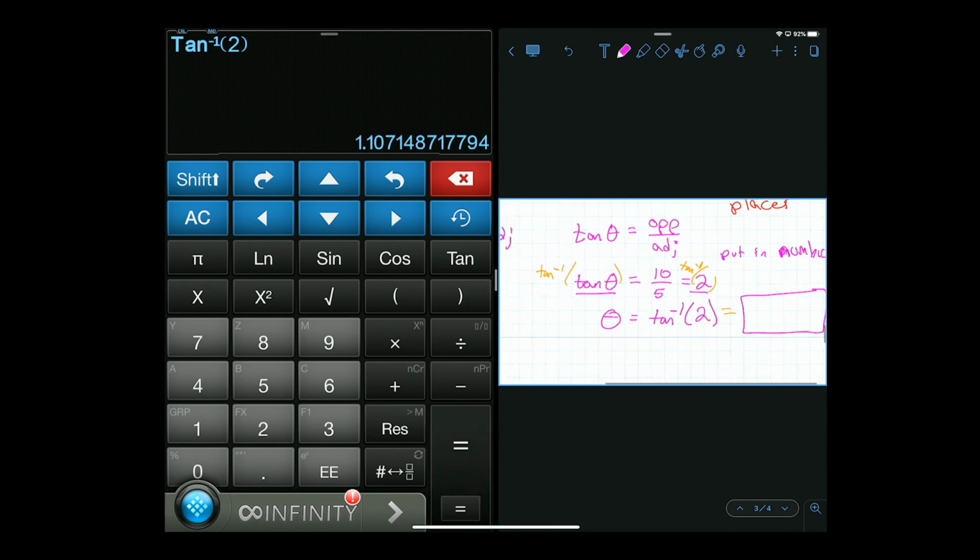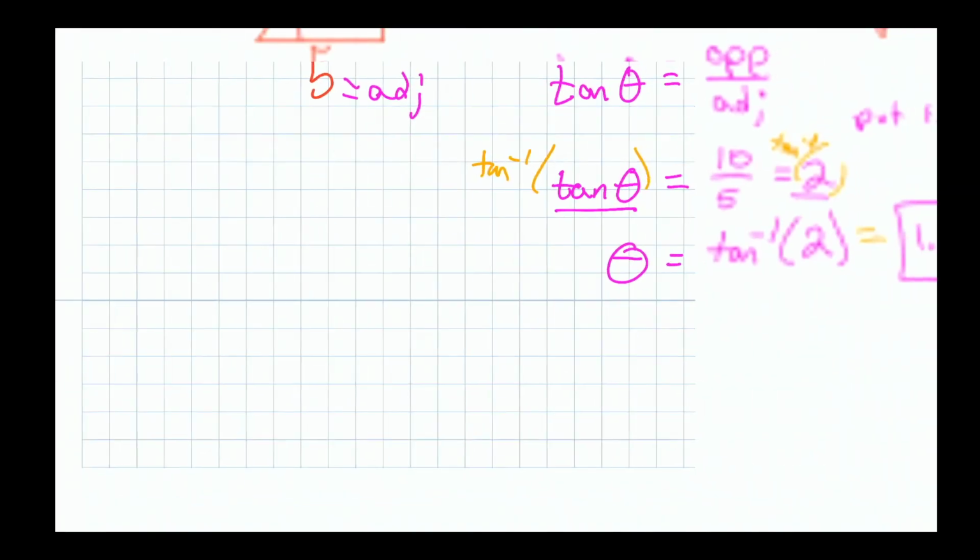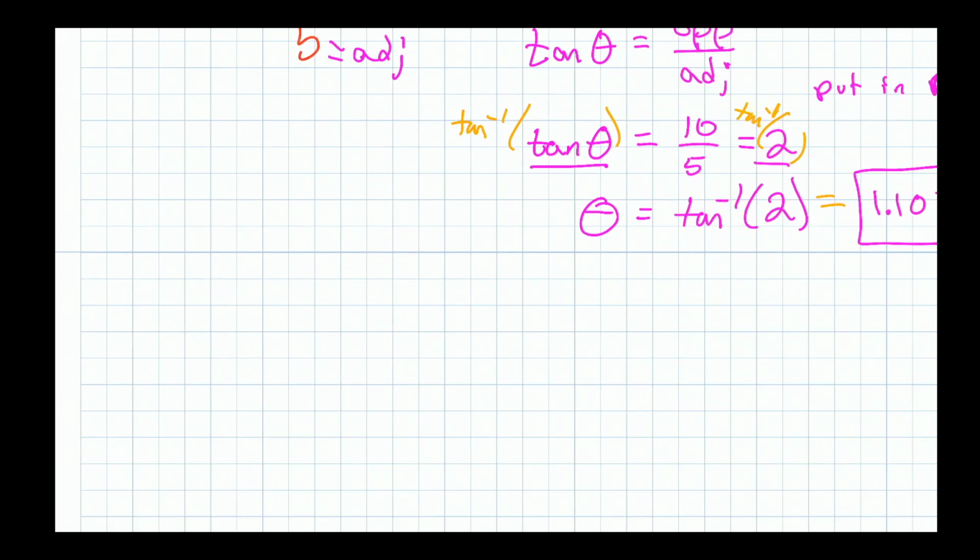Enter. And this is in radians, 1.1071. Just typing it in, hitting submit. All right, good. No surprises in what they want for an answer.